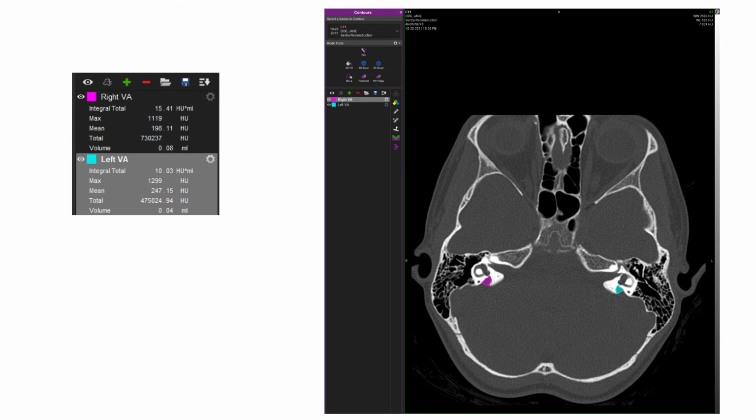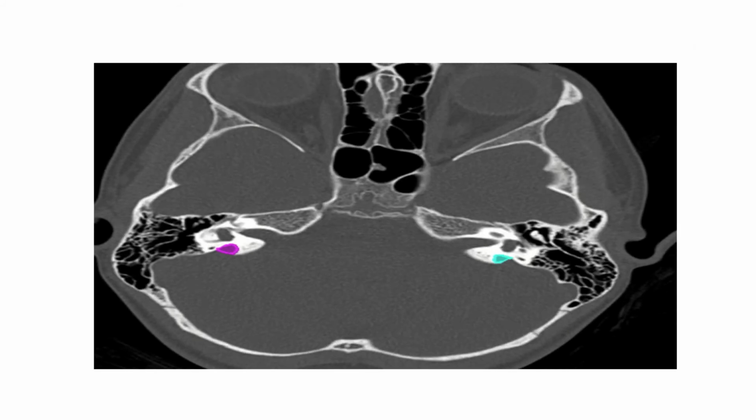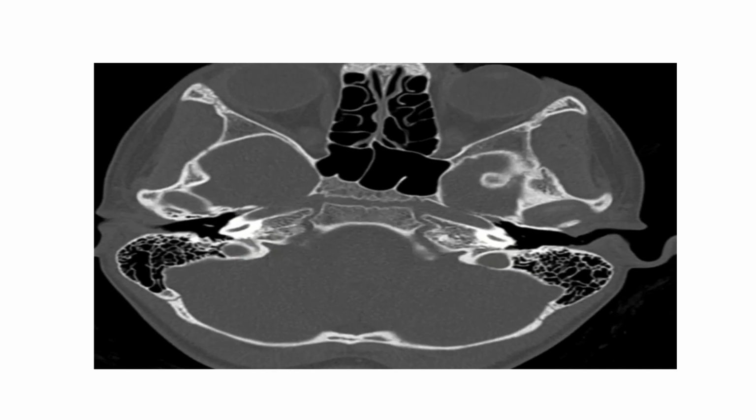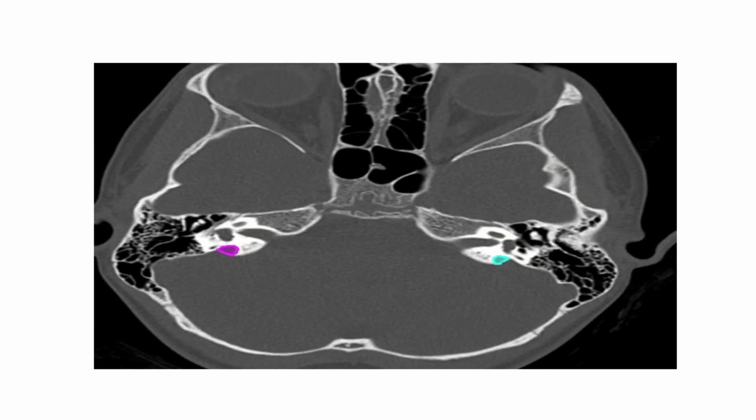So this is the way that we took to measuring the volumes with a specific computer algorithm employed by our radiologist. And then this is a video of how the specific vestibular aqueduct three-dimensional measurements were calculated.